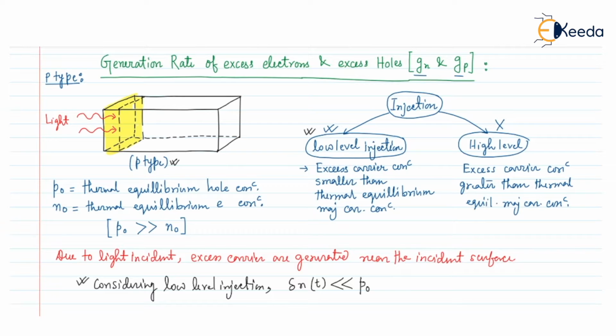The excess carrier concentration is smaller than the thermal equilibrium majority carrier concentration.